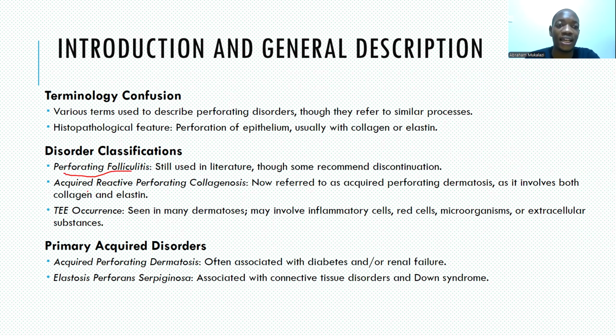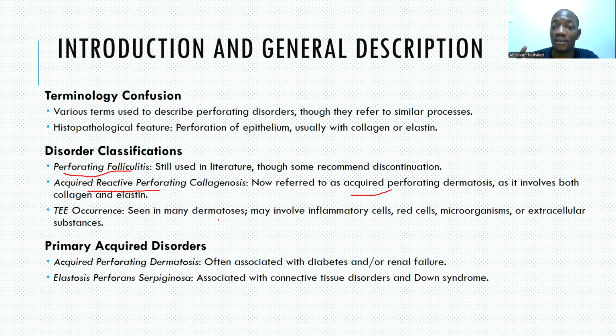And then you have things like acquired reactive perforating collagenosis, and now this is referred to simply as the acquired perforating dermatosis, because it involves both the collagen and the elastin, the material that is being eliminated.